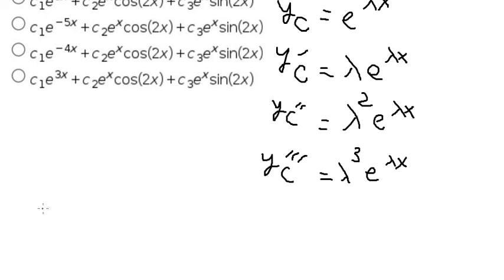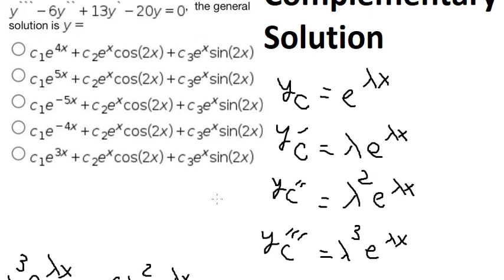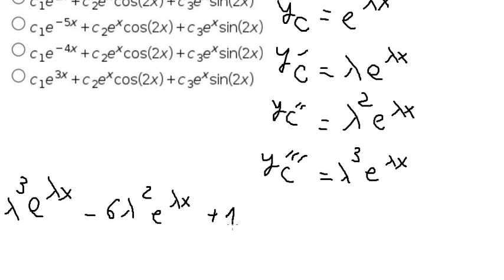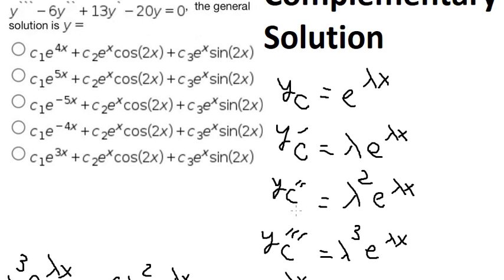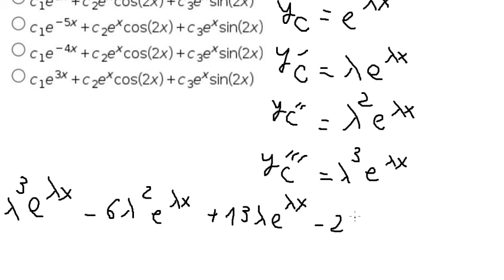So we will have e to the power of lambda s with lambda to the power of 3 in here, minus 6 lambda squared e to the power of lambda s, and 13 lambda e to the power of lambda s, and the last one is negative 20 e to the power of lambda s.